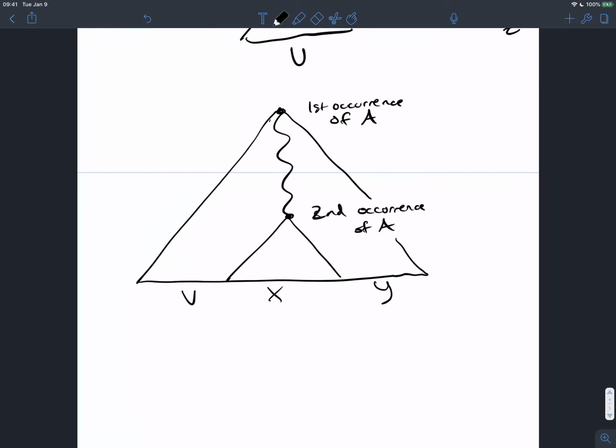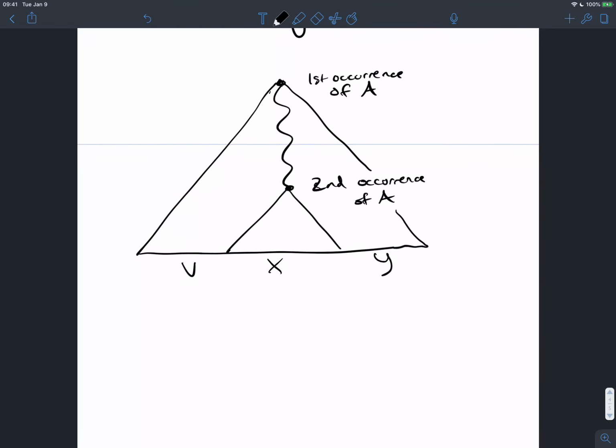Well, we can actually guarantee something about the X part here, but we actually don't need it. Whatever the second occurrence of A makes, could the first occurrence of A make the exact same thing that the second one does? In other words, that V and Y are both empty. Could that be the case?